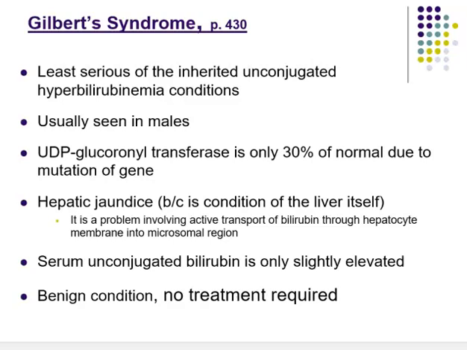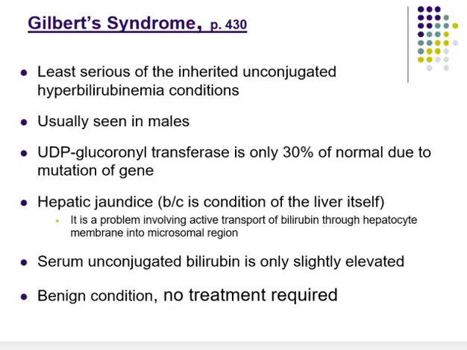The category of jaundice you see is hepatic jaundice because the condition is affecting the liver itself. It is a problem involving the active transport of the bilirubin through the hepatocyte membrane to the microsomal region, and that's referring to the area in the liver cells where the enzyme UDP is located.